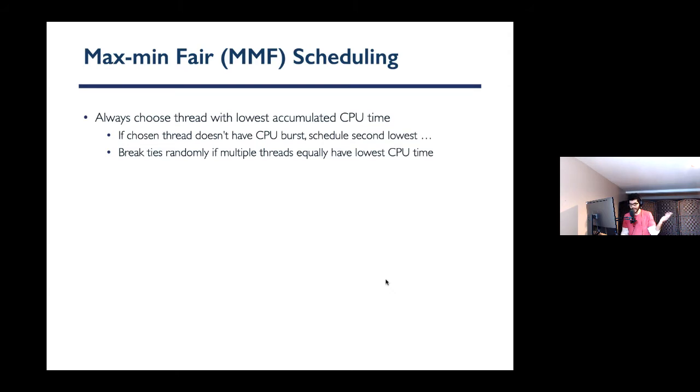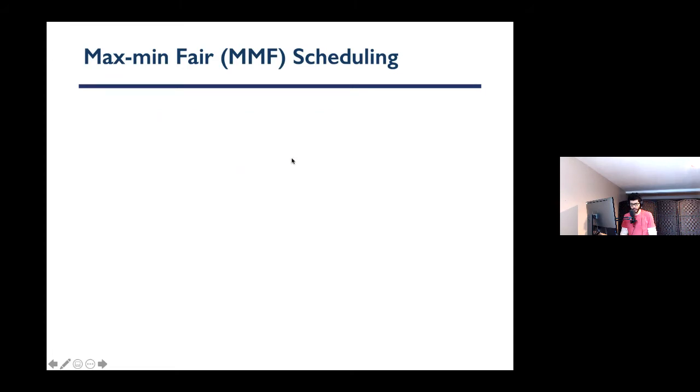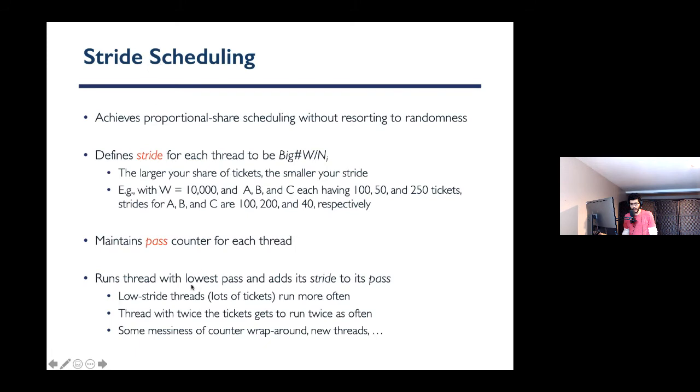If everybody has the same weight, then stride scheduling basically becomes this max-min fairness, because every time we find out who has gotten less time on CPU, and then we give the CPU to the minimum guy. And if there are ties, we randomly break those ties. The same tie breaking rules apply to stride, because at the beginning everybody has the same pass. So whenever you have the same pass, you break ties randomly.